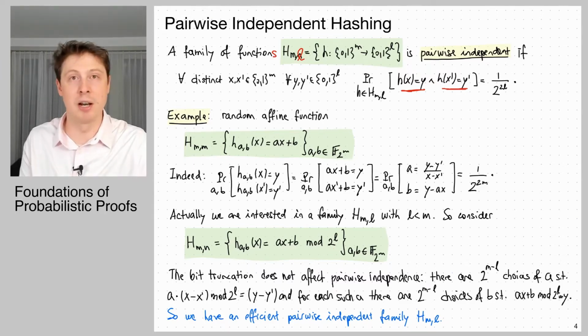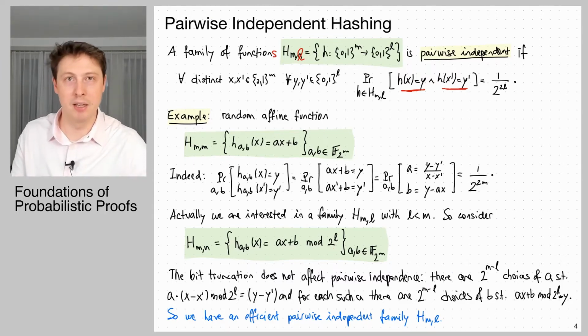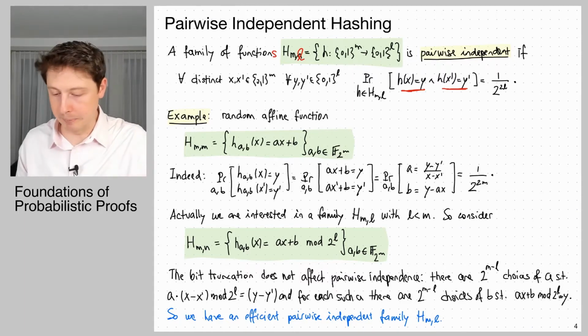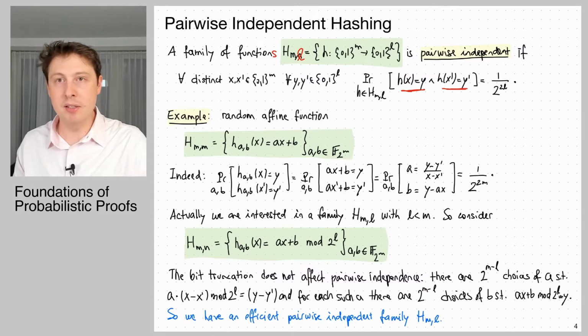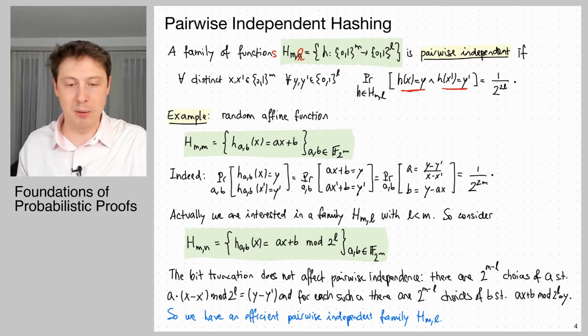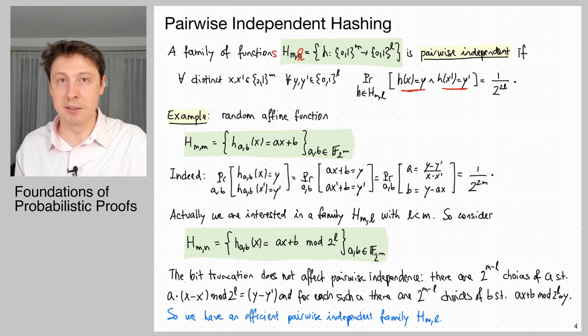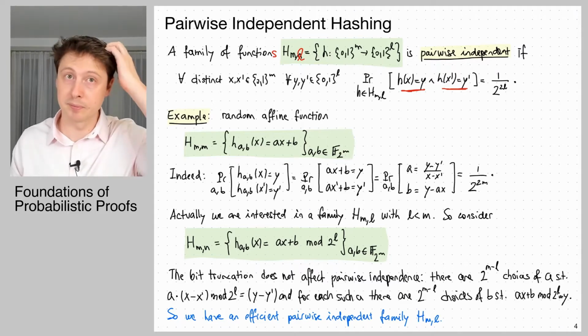All of this is efficient now, as opposed to a random function. And we can do this for any choice of M and any choice of L. This is all I'm going to say about constructions of pairwise independent hashing. Are there questions?